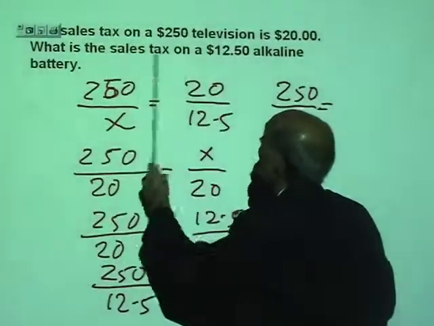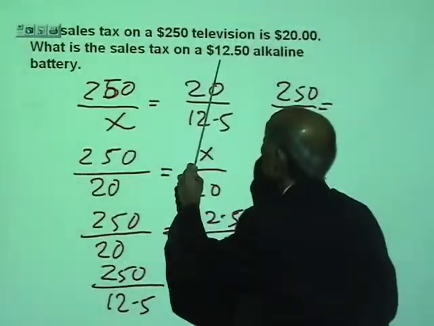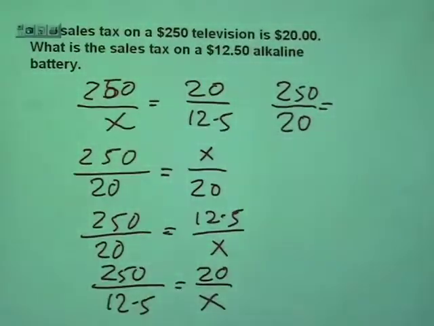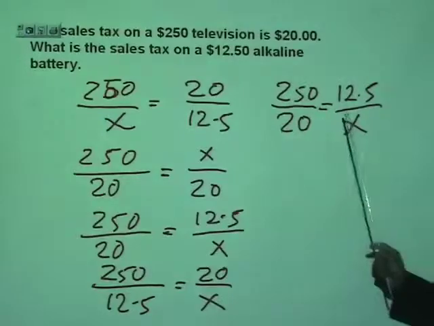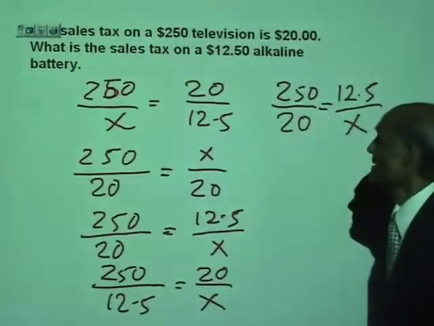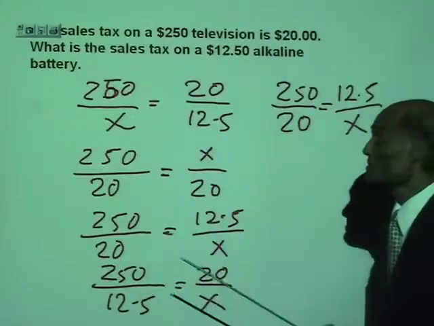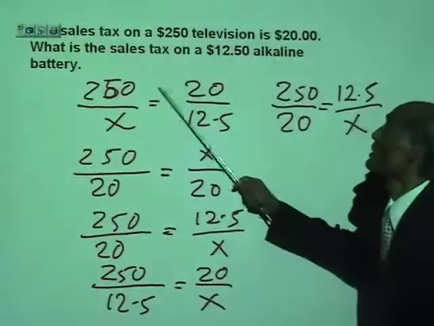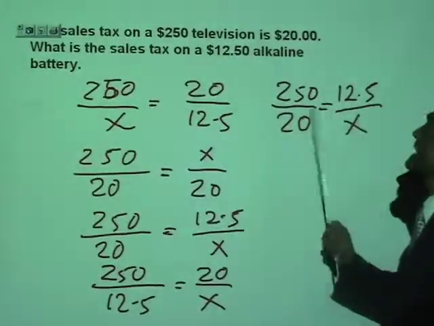Cost to tax. The battery costs 12.5 and the tax is X. It will be 12.5 divided by X. Well, that is the correct ratio. Is that right? Yes, that's right.